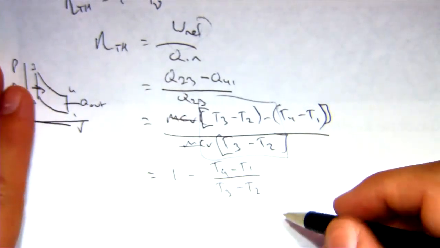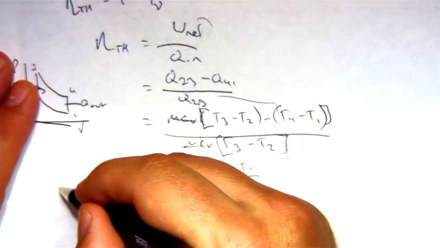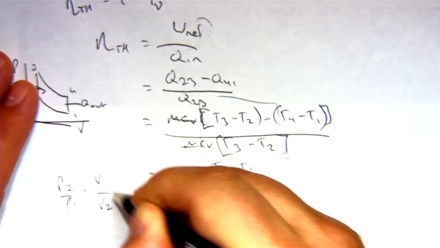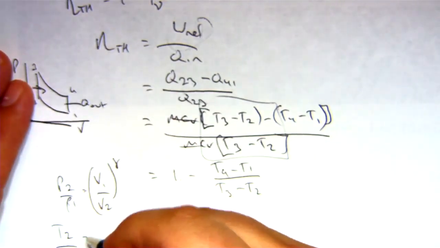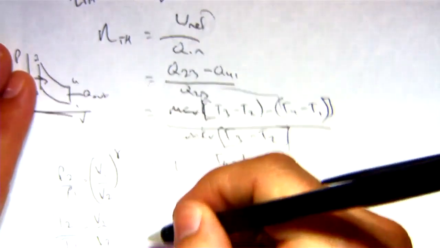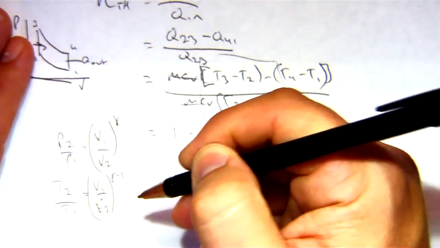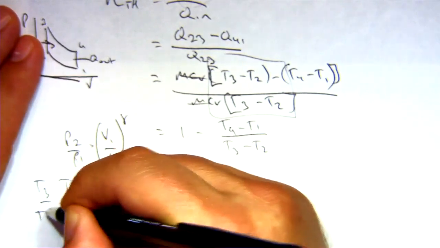What I'm going to use is one of these other processes. So P2 on P1 equals V1 on V2 to the gamma, and also T2 on T1 equals V1 on V2 to the gamma minus 1. And this is also the same as T3 on T4.